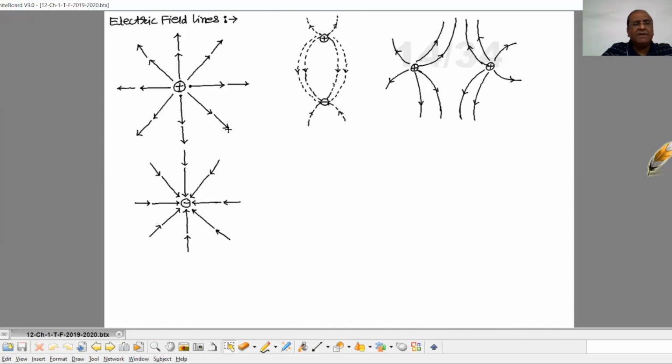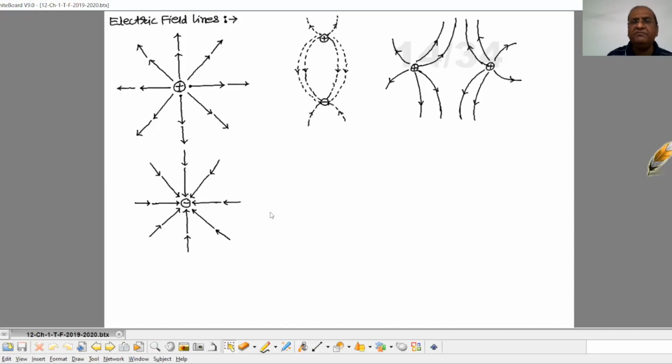Similarly, if we think about the electric field of a negative charge, then we can represent it with vectors as shown in this figure. All these vectors are towards the negative charge, so that is radially inward.